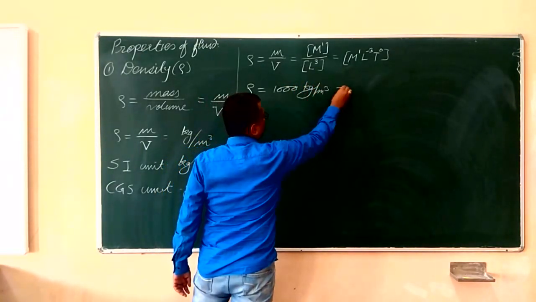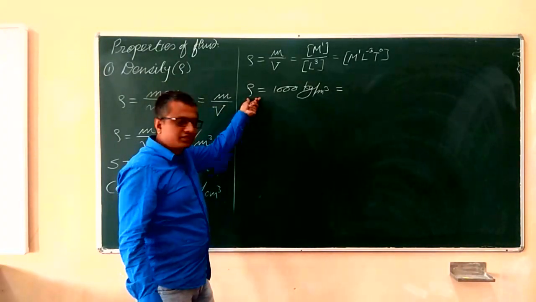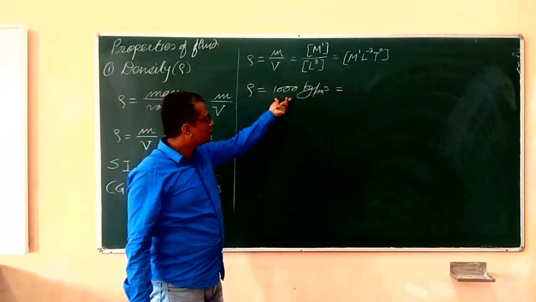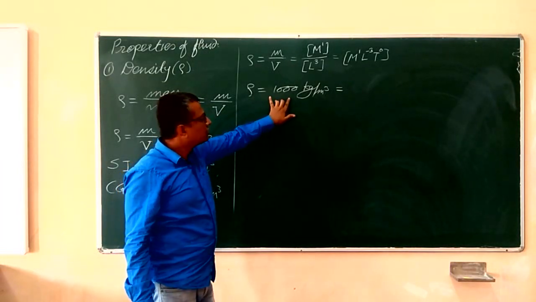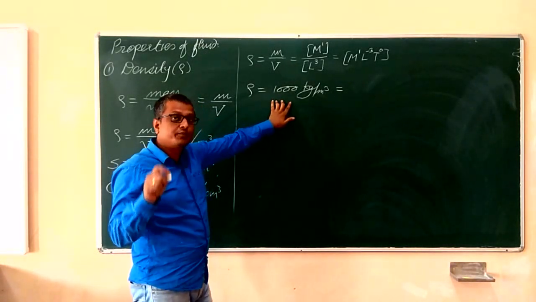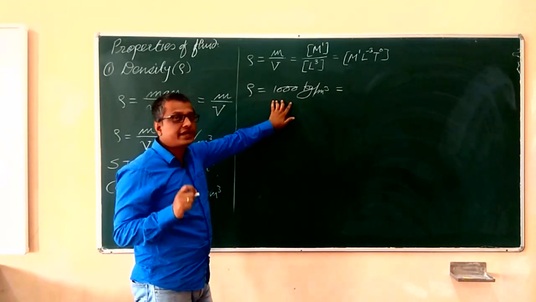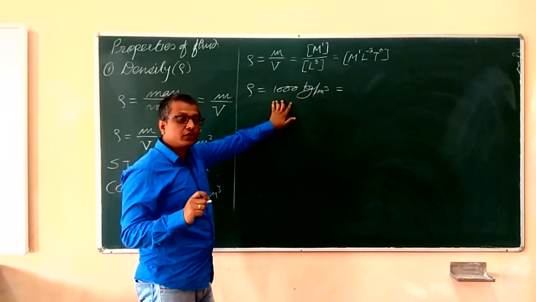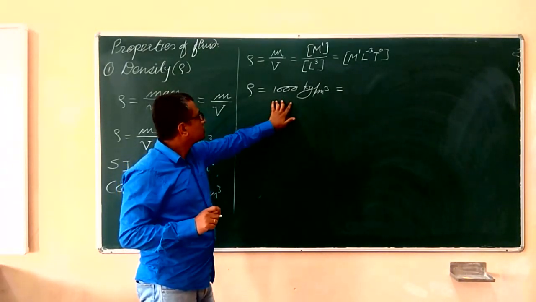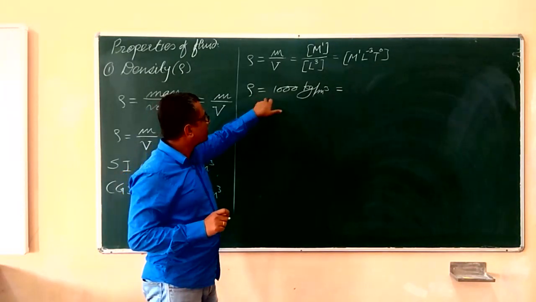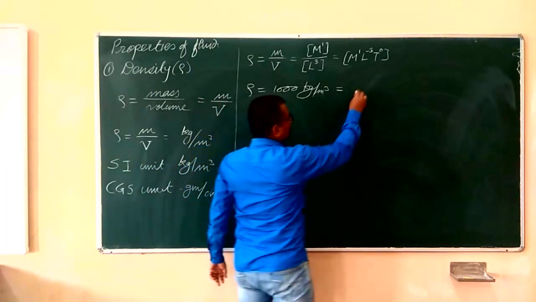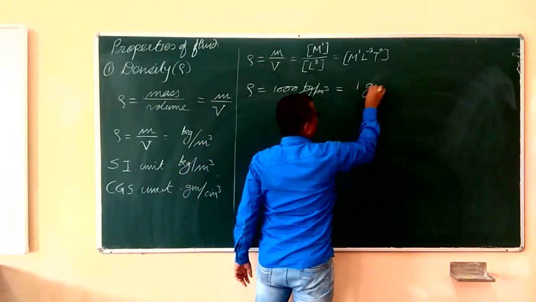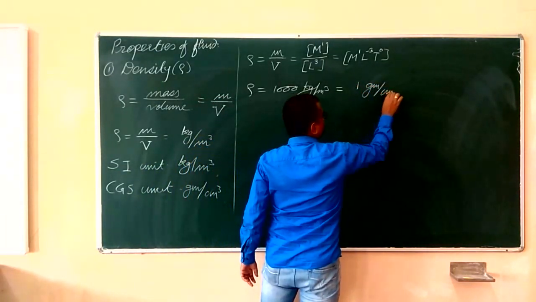Let me tell you that this is the density of pure water at standard atmospheric pressure and at 4 degrees Celsius temperature. Whereas in the CGS system, the density of water is 1 gram per centimeter cube.